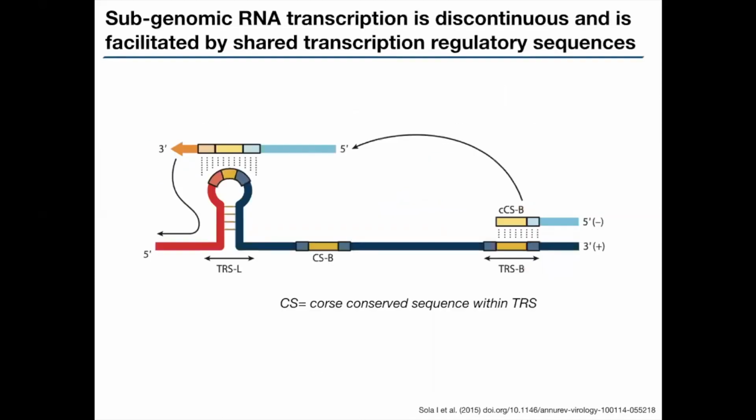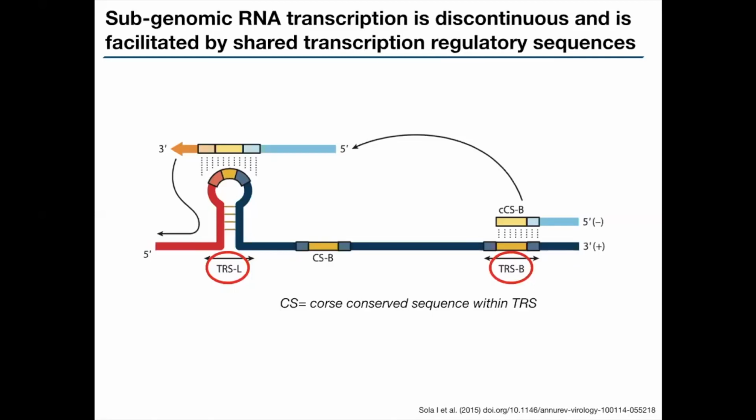It involves a series of sequences called transcription regulatory sequences, or TRSs, at the junction between each of those genes encoded by the virus, as well as at the 5' end of the genomic RNA, just downstream of the leader sequence, which is denoted in red here.